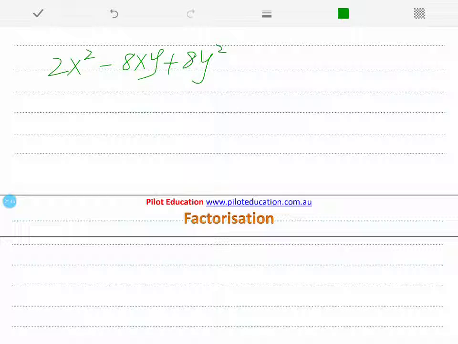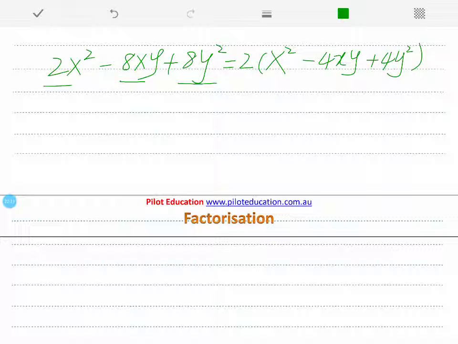Now first you always check if the three terms have a common factor, and you do find a common factor here, which is 2, right? 2 times x squared minus 4xy plus 4y squared.